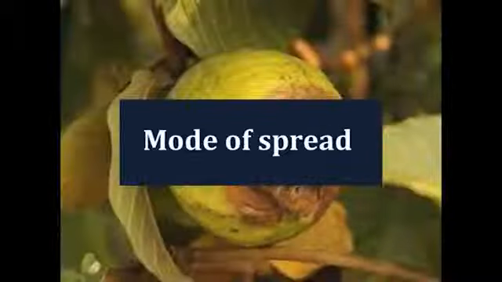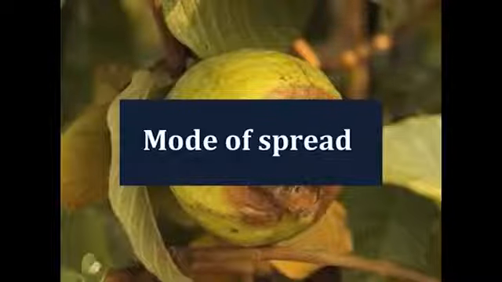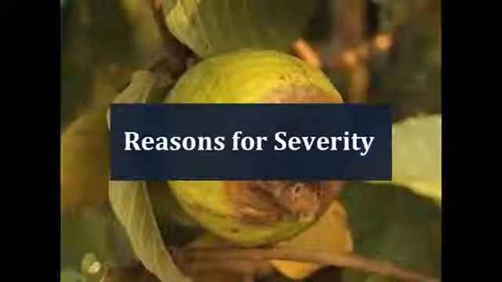Now let's see the mode of spread. The pathogen is primarily a wound parasite and enters through injury to fruits. Reason for severity of the disease. Germination of spores is maximum at 30 degrees centigrade and does not occur below 15 degrees centigrade or above 40 degrees centigrade, with relative humidity of 98%.